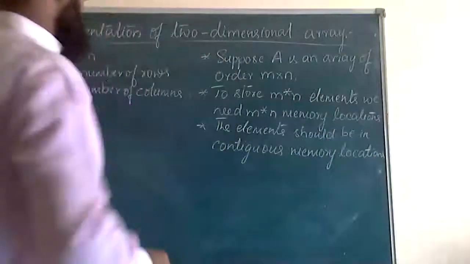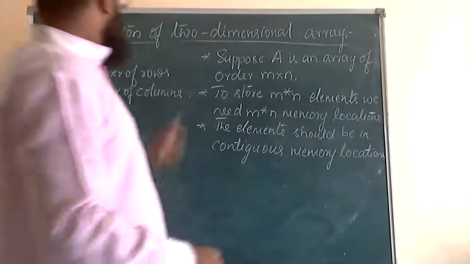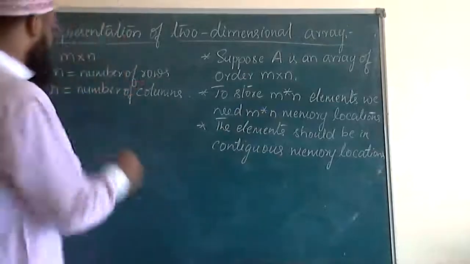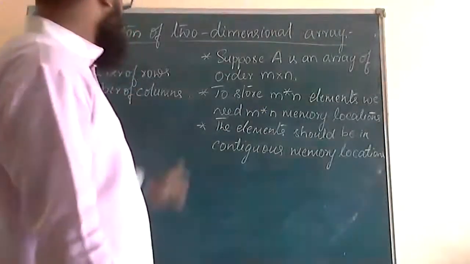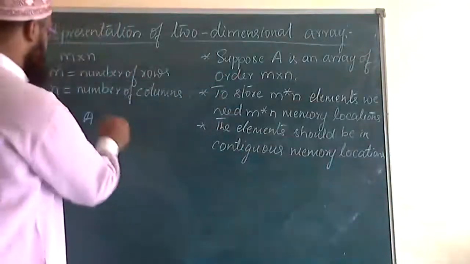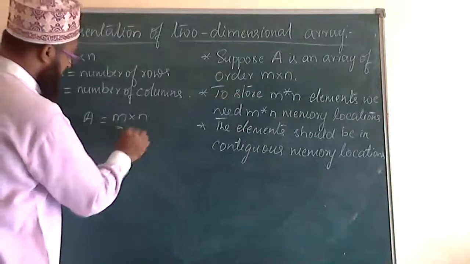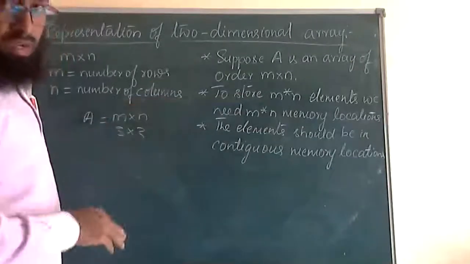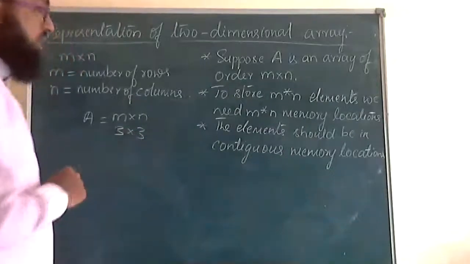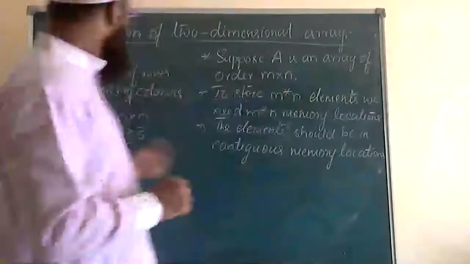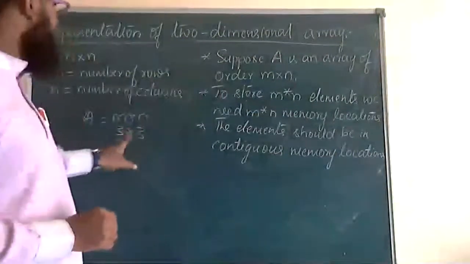Contiguous memory locations. Now look. Suppose A is an array of order m into n. Anything it may be, 3 into 3 or 3 into 4. I will take the previous example only, 3 into 3. To store 3 into 3 elements, think m into n as 3 into 3.